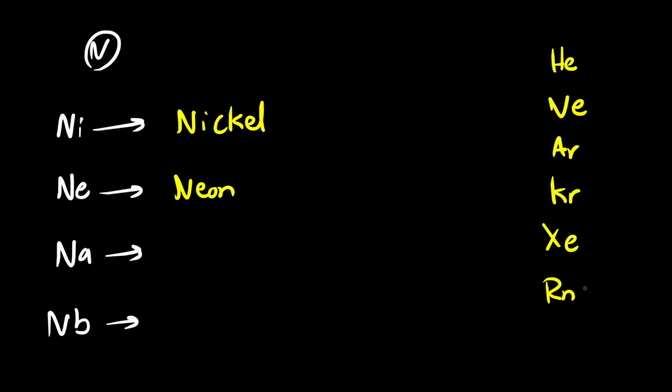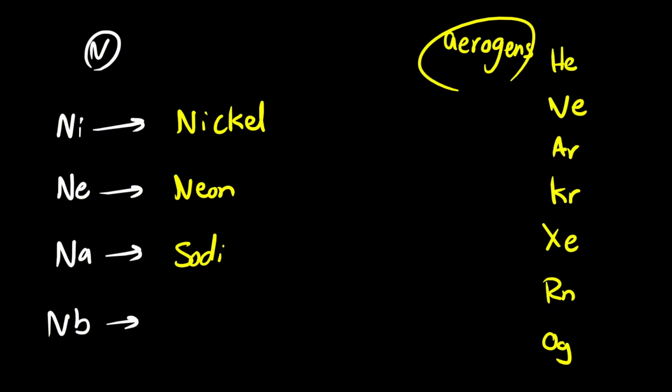In some cases, there's also the element oganesson. These are the noble gases that are saturated with the maximum number of electrons in the outermost energy level. By the way, they're also referred to as aerogens in some cases. And Na is sodium, Nb is niobium, and that's for the N.